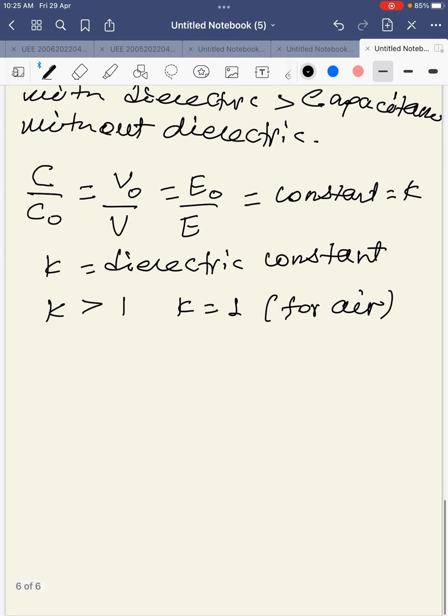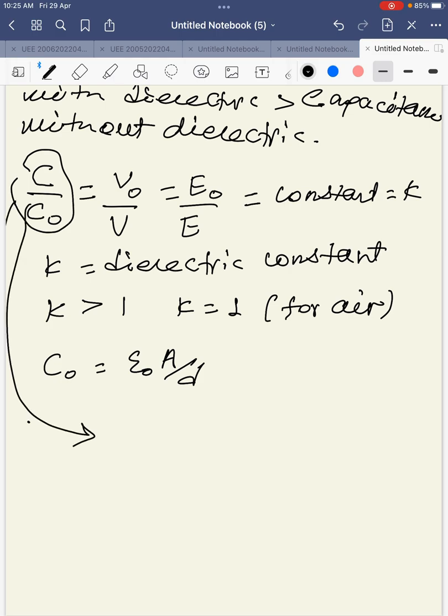Now let's take C naught is equal to epsilon naught A over D. Now you remember this relation. Take this relation here. C over C naught is equal to K, and this implies C is equal to K times C naught. What is C naught?